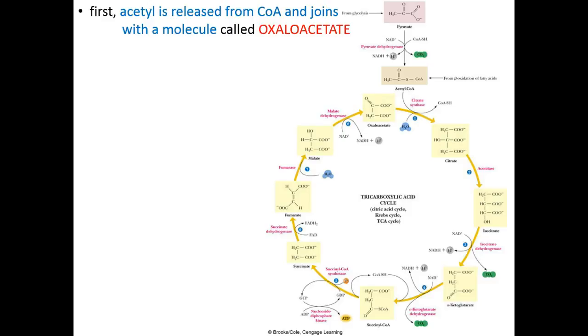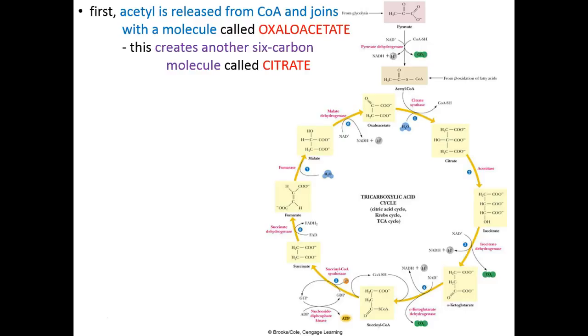Once we make acetyl-CoA, and remember, we'll talk about the biochemistry of making acetyl-CoA by the end of this chunk, we link acetyl onto the first intermediate of the citric acid cycle called oxaloacetate. CoA is recycled. It goes back to be linked to another acetyl molecule way up in the previous step here. But the acetyl that we have made will be linked to oxaloacetate.